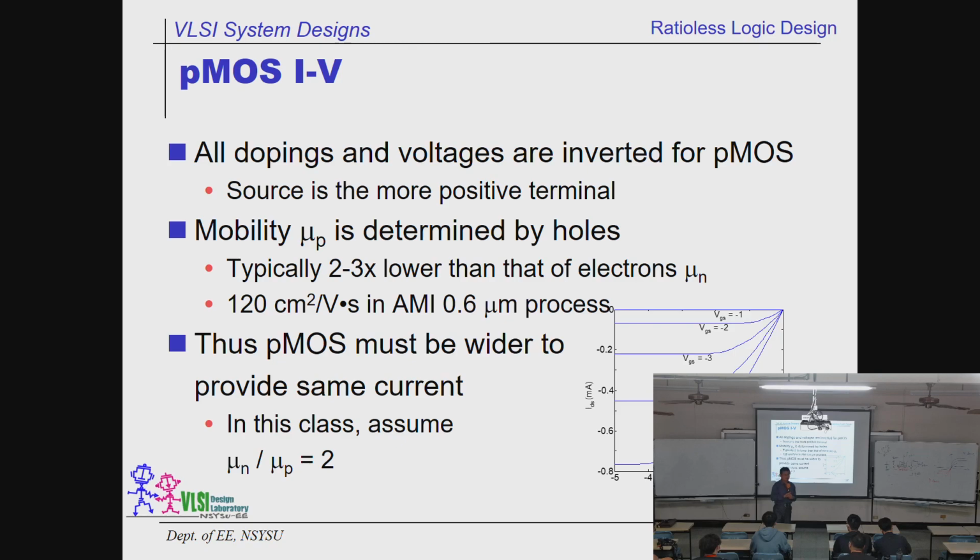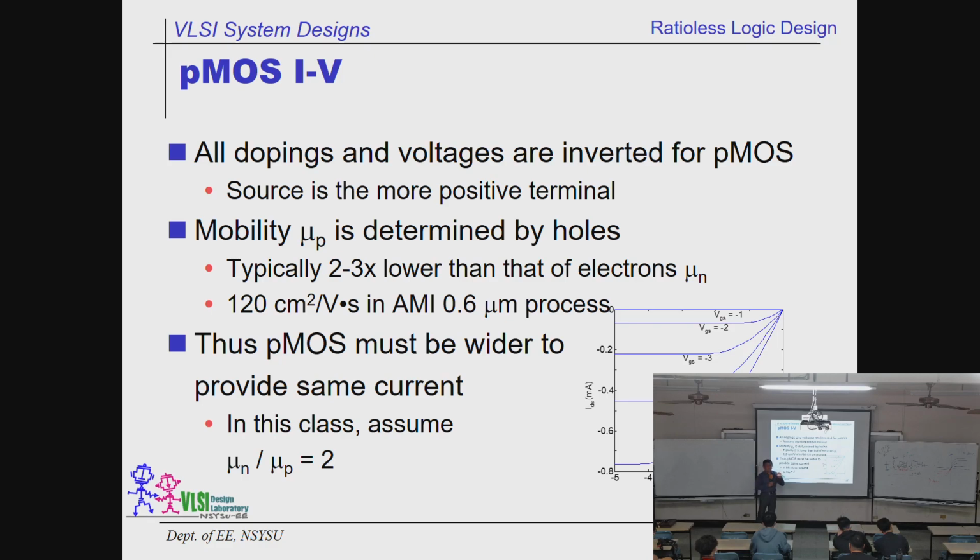Which one will be bigger? The N device current will be bigger, and the P device current is smaller. And what is the ratio? It's about 2. It's not exactly 2, it's somewhere between 2 and 3. But usually we take 2 because it's easier for students to remember.